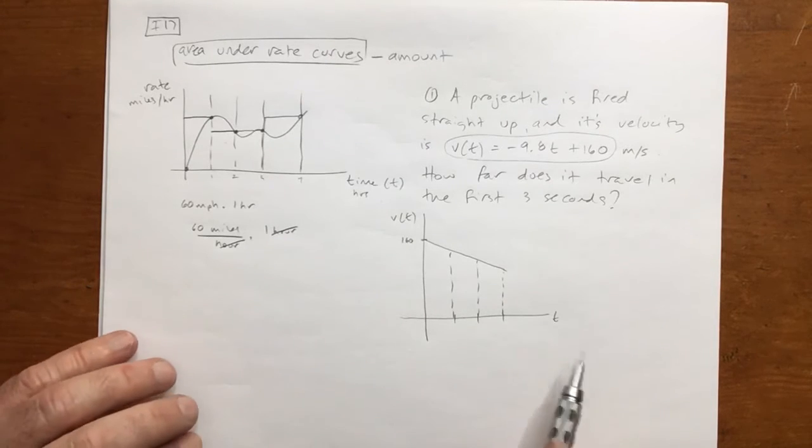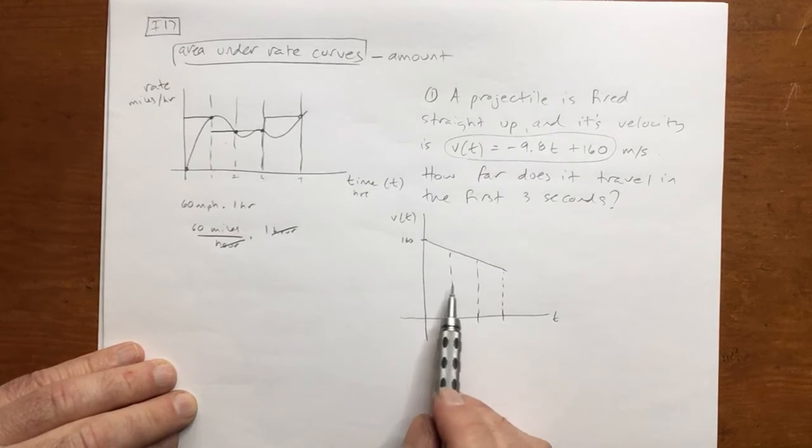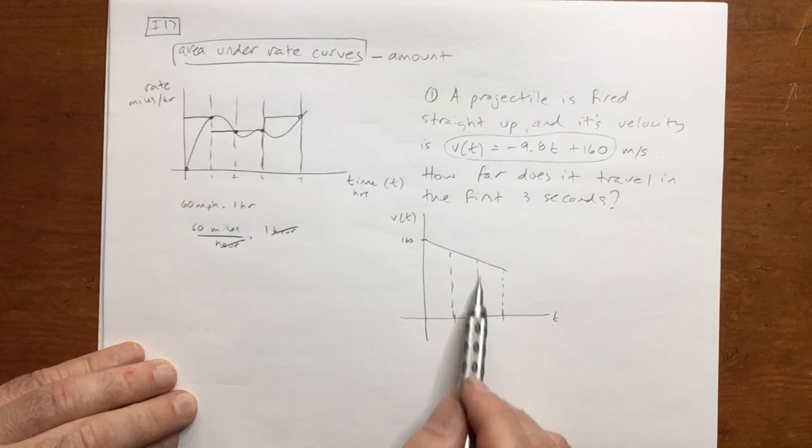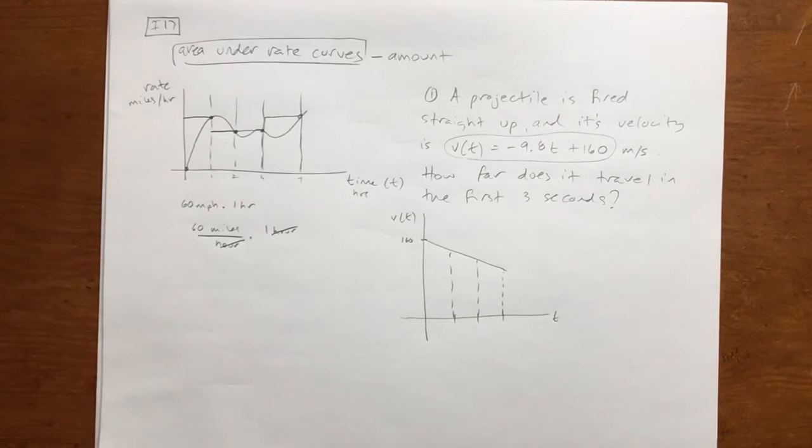Now, I'm going to use the idea of rectangles to approximate the area. Clearly, though, these are each trapezoids, so you could find the exact area. But let's say that we were told to use a left sum for the approximation of the distance traveled.